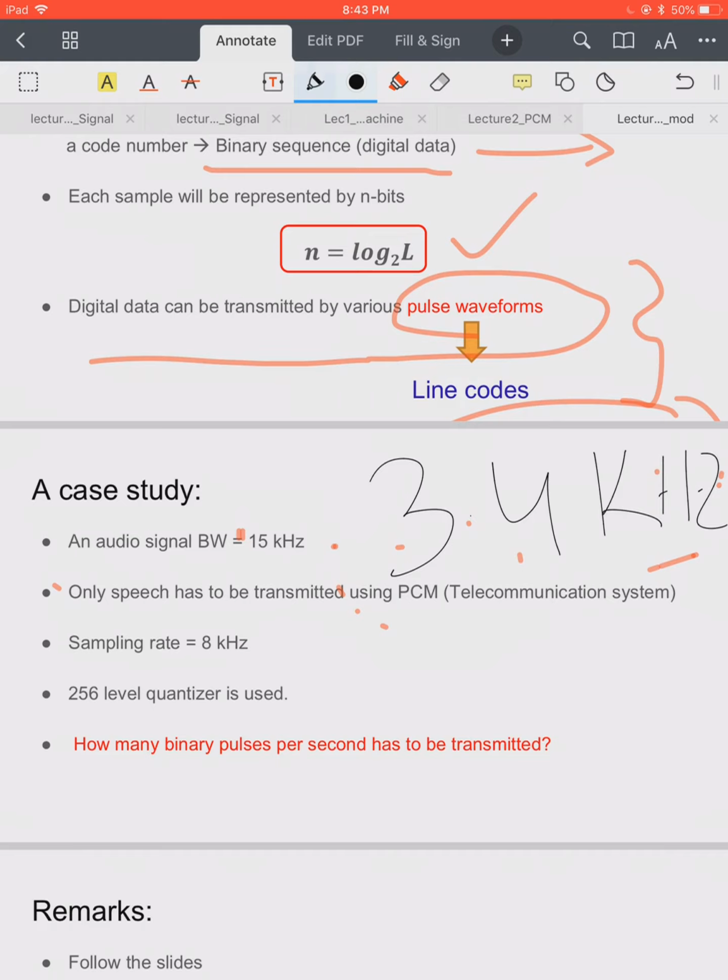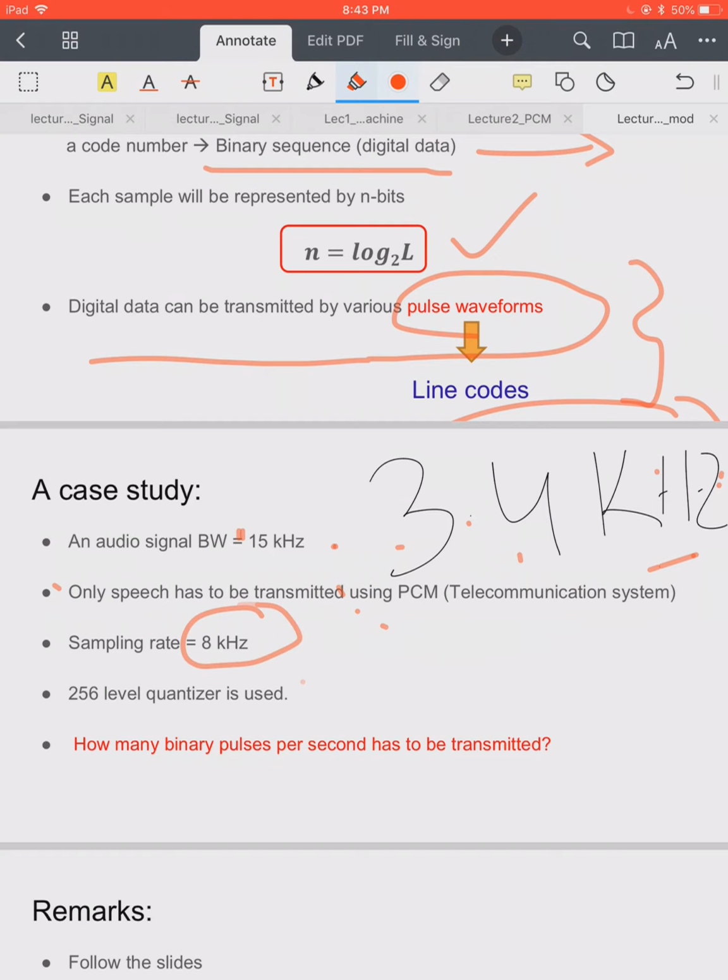Since it's band limited to 3.4 kilohertz, its Nyquist rate is 6.8 kilohertz. So we are sampling it at more than the Nyquist rate, 8 kilohertz.